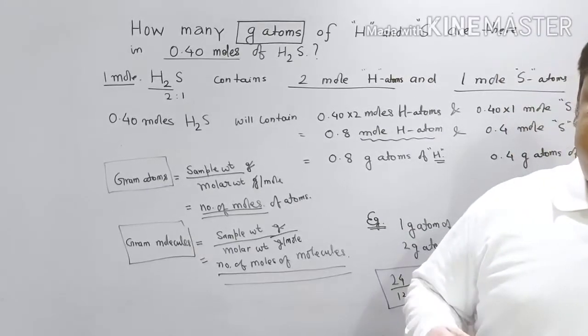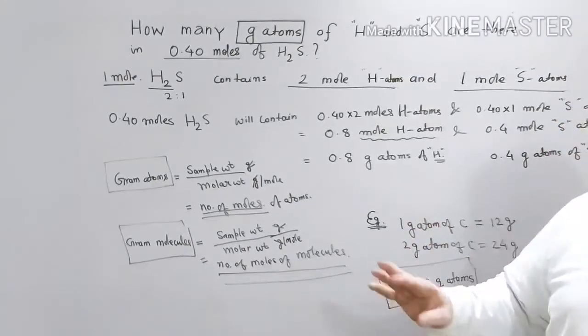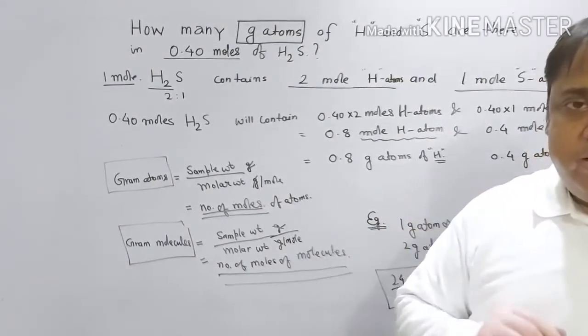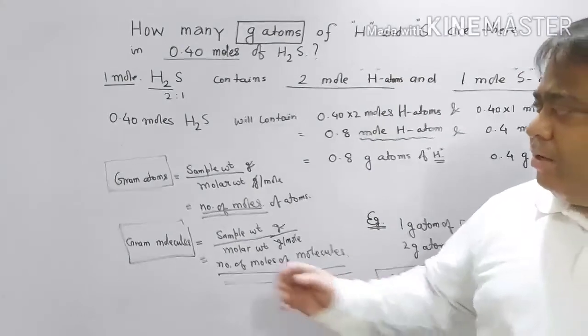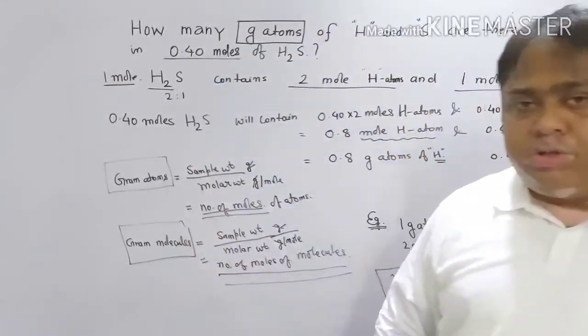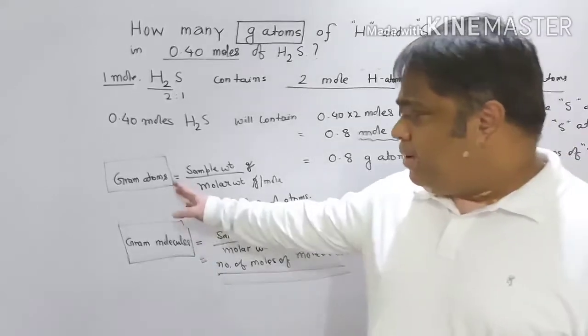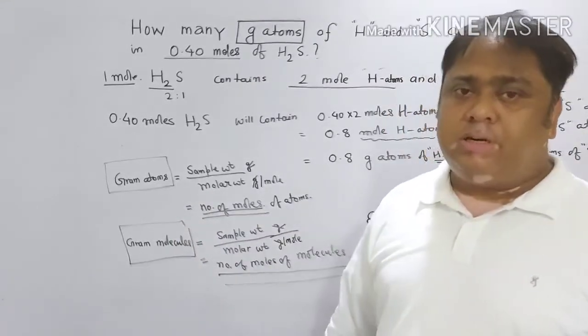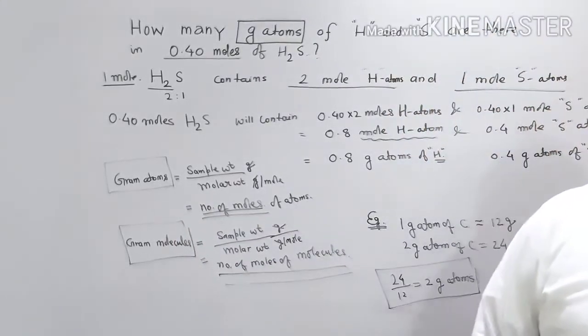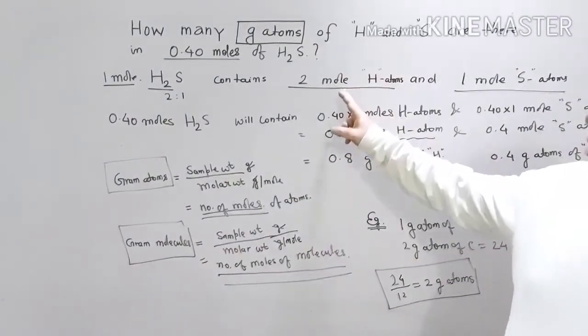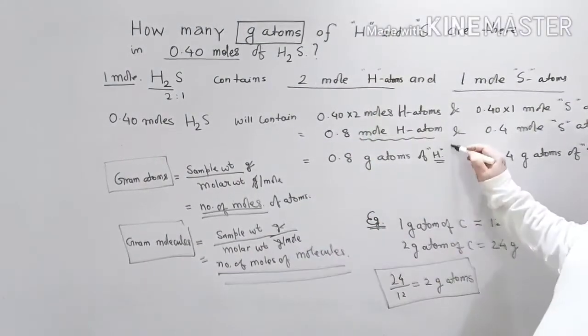So nowadays we call it number of moles. In olden days, if you see the old numerical problem books, you will find that gram atoms, gram molecules used to be used, and the tradition is still followed. Nowadays also we still use these terms. Okay, that is it. So I have solved the problem which you have asked me. So here is the answer. These two are the answer.